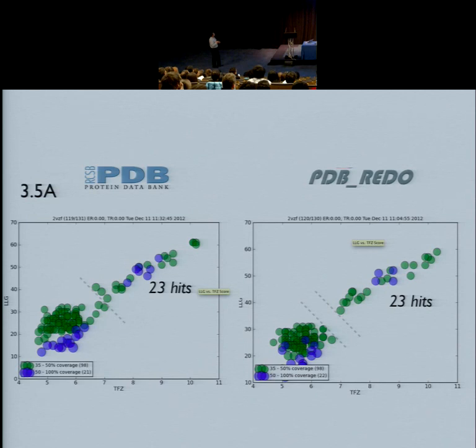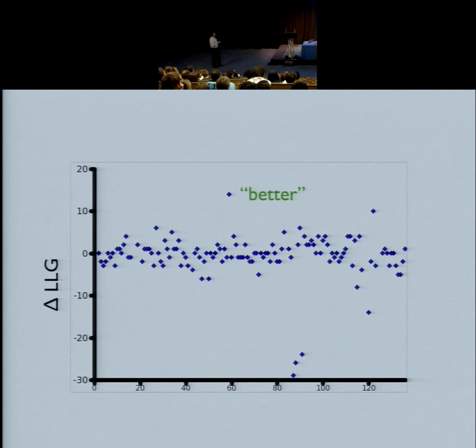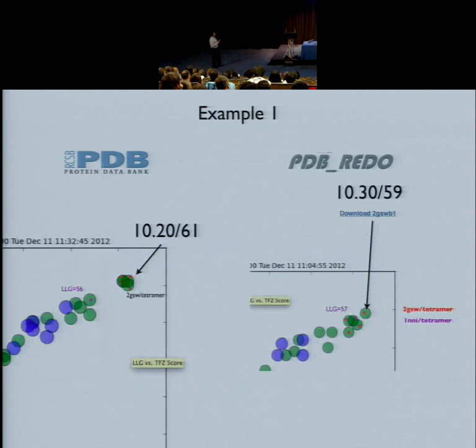We get about 23 hits. We get a similar number of hits from the PDB redo subset. We do get a slightly better separation between correct and incorrect, so a fairly minor difference, but potentially some small improvement. In terms of LLG changes, really one structure got a significantly better score. A couple of them actually got weaker scores. So again, mostly cosmetics.